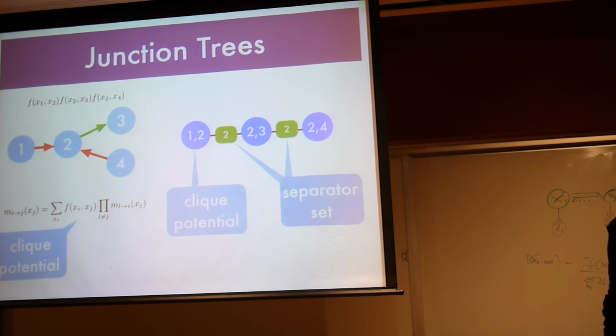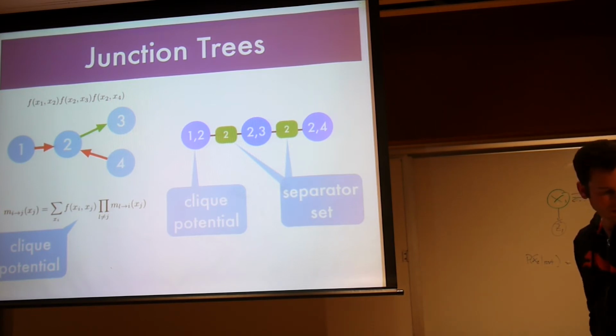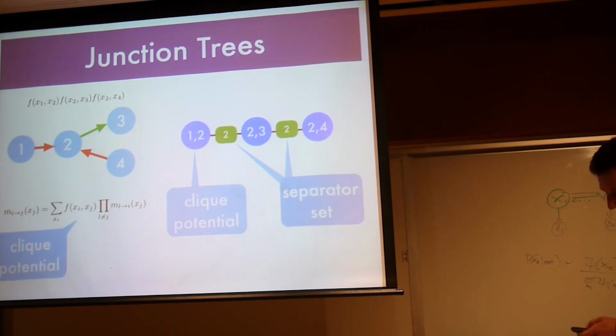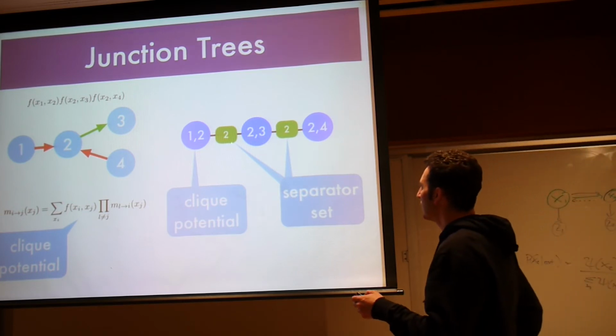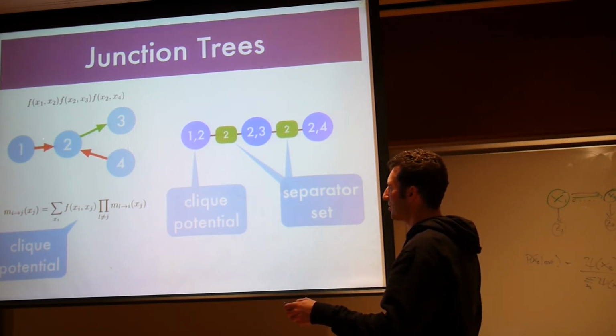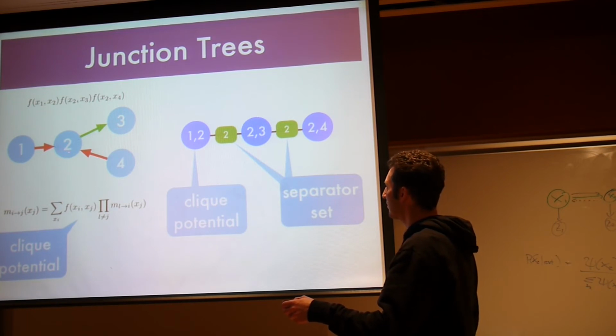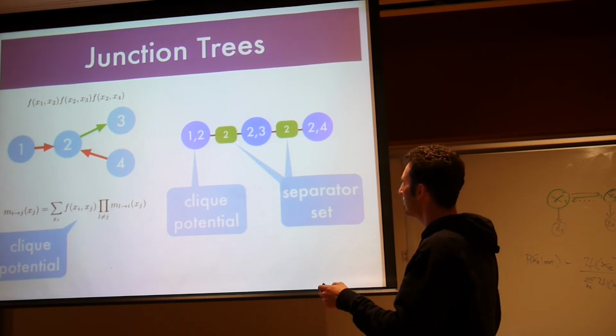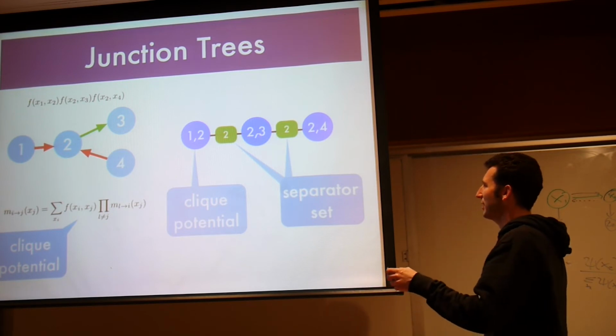And what I'm going to do is going to sound initially a bit crazy. I'm going to write vertices that share an edge as pairs, and I'm just going to line them up.